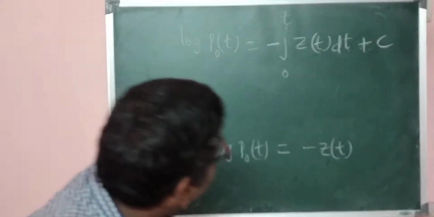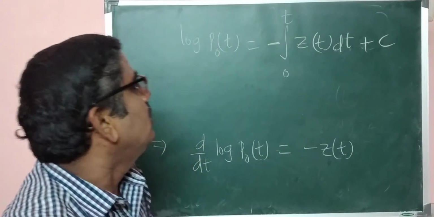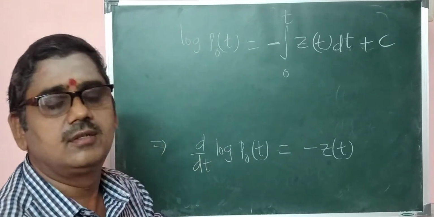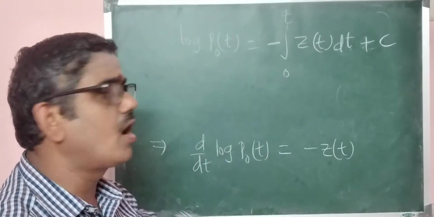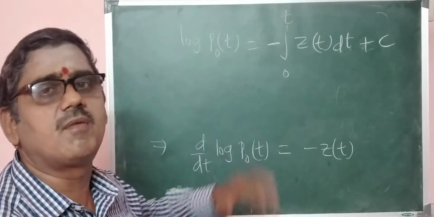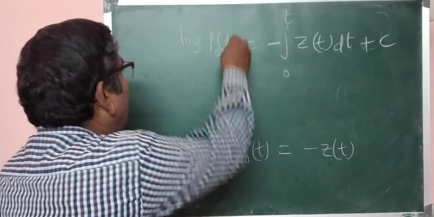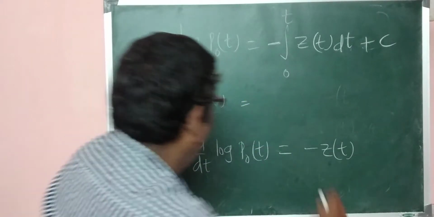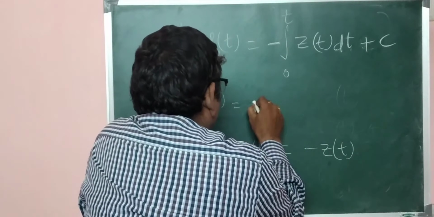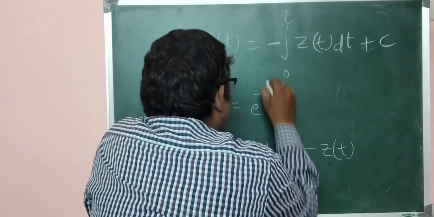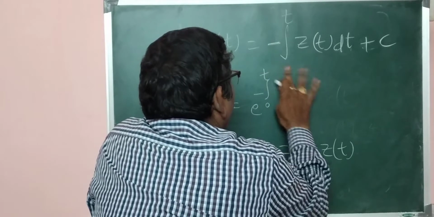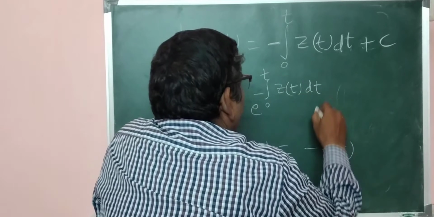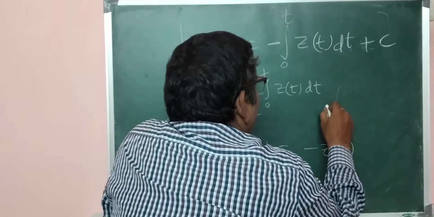Now you have to calculate P naught of t, not log. So to remove log, I am considering e power. What will you get? E power log P naught of t is P naught of t, which is equivalent to e power minus integral 0 to t z of t dt, multiplied by e power c.